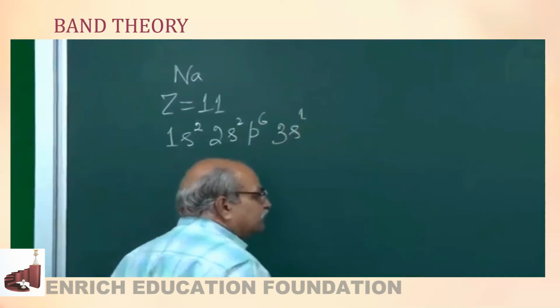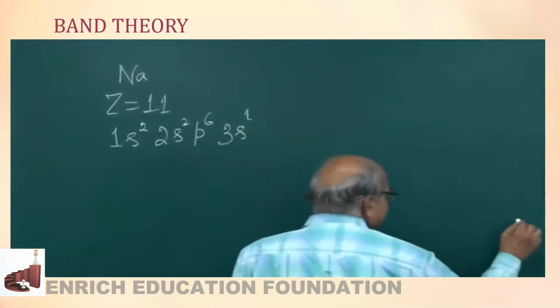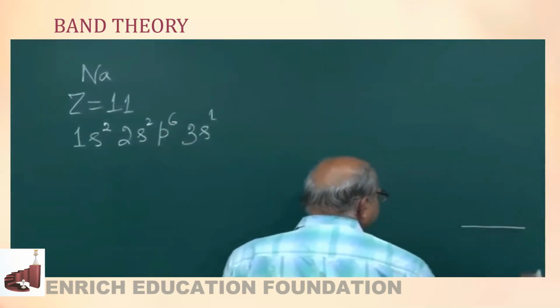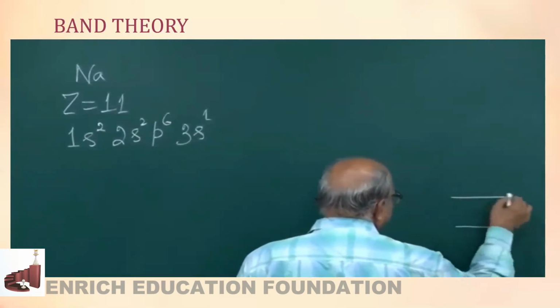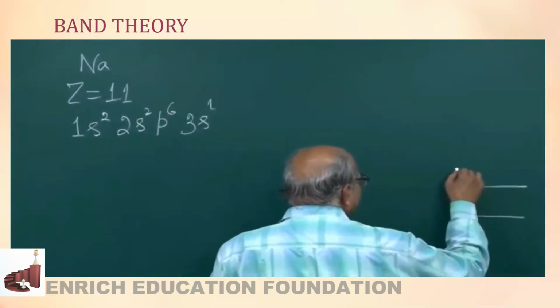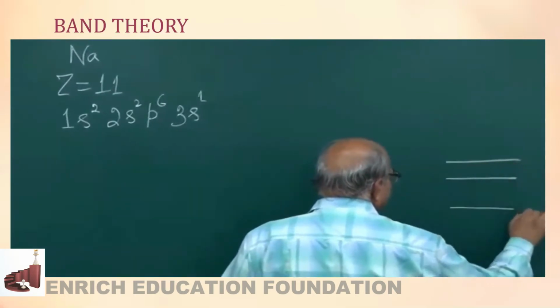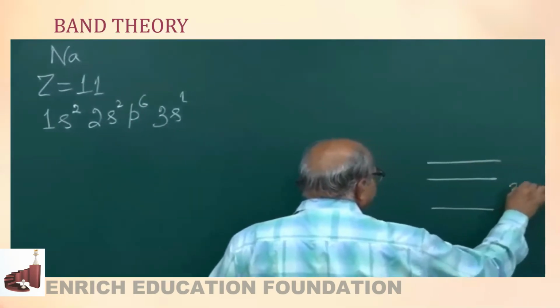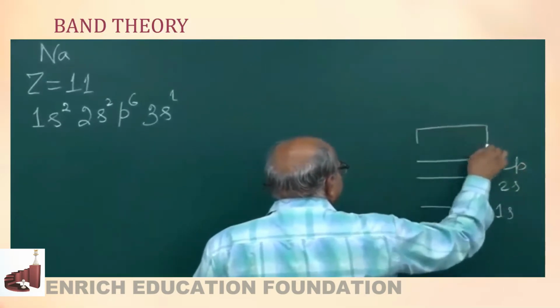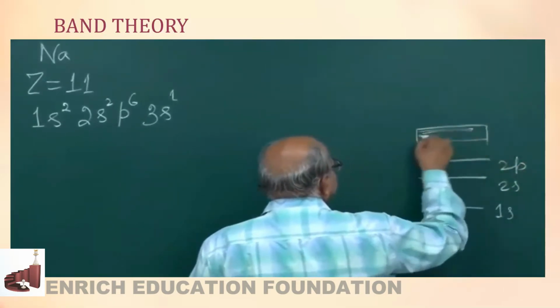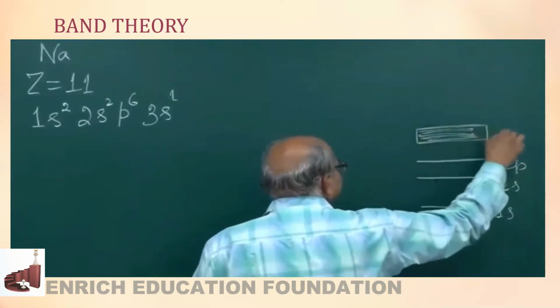So energy levels, this 1s is almost sharply defined, 2s will be almost sharply defined, little bit of spread, 2p will also be internal, this is 1s, this is 2s, this is 2p, and then you have 3s. 3s is spread, reasonably spread. Then you will have 3p and all those.